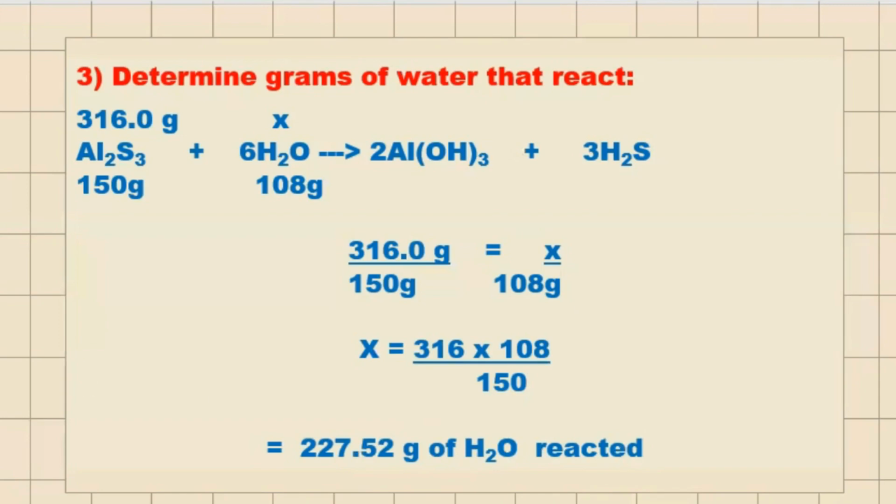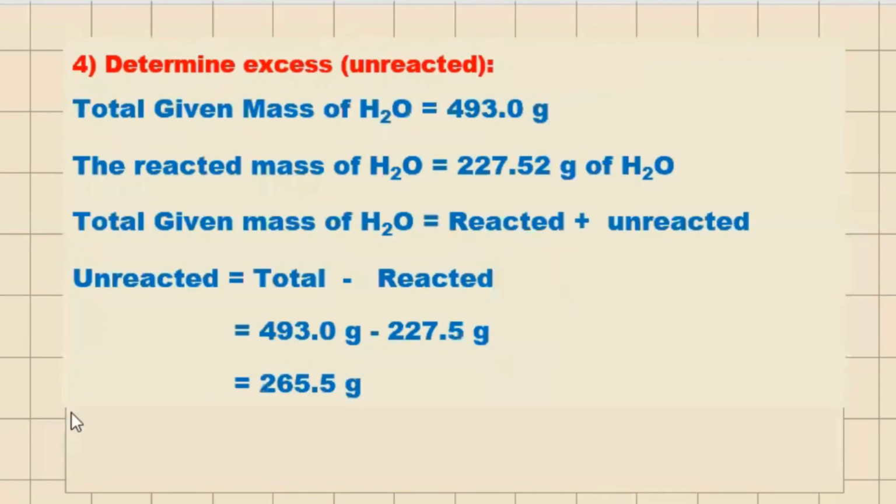The next step is to determine the unreacted amount of the excess reactant. The unreacted amount of water: the total given mass of H2O is 493 gram, and the reacted mass of H2O is calculated as 227.52 gram of water.